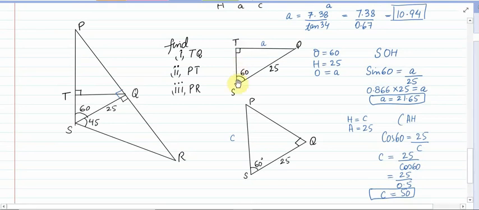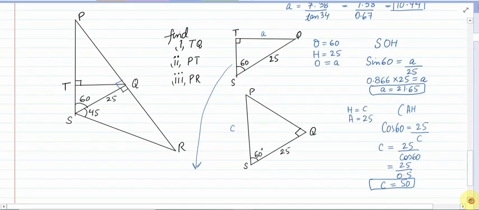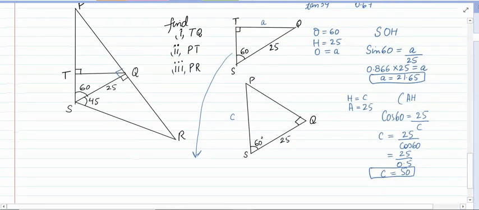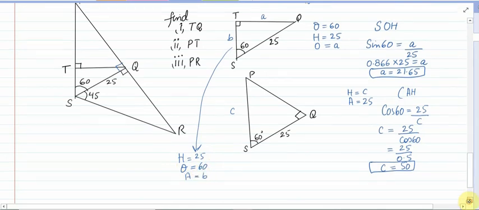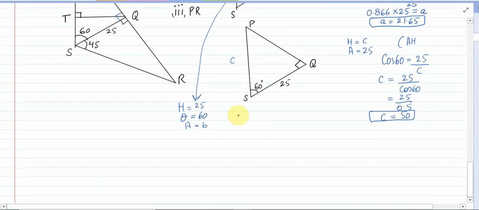Now we have the value of PS. From this diagram, can we find out the value of TS? So yes, we can find it out. I am doing this part here. That means we are talking about the adjacent, and let's say this length is B. So the hypotenuse is known, that is 25, the angle is known, 60, and the adjacent is what we are looking for, B. Adjacent and hypotenuse come in cos.